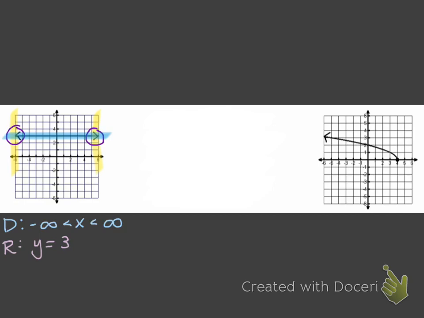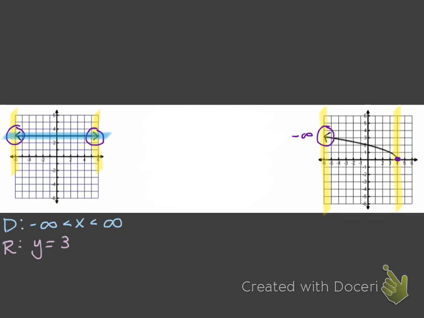All right, for our second example, we want to look at the x values once again to find our domain. What we notice here is that we hit an arrow for our lowest x value, which means negative infinity. But we do have a solid dot at 4.